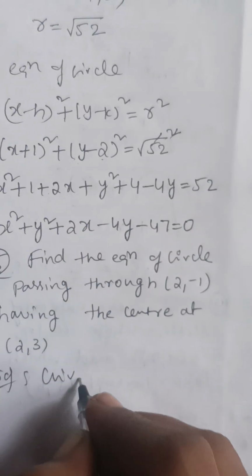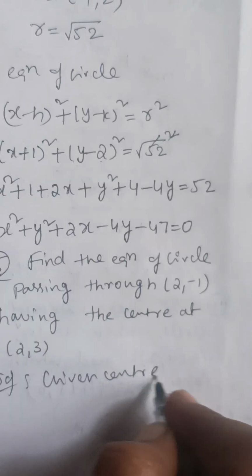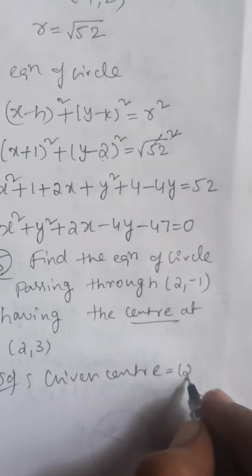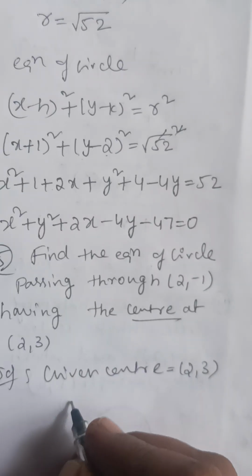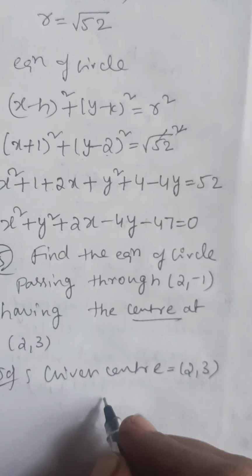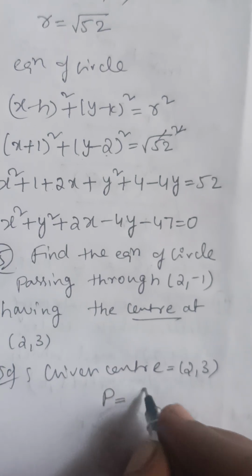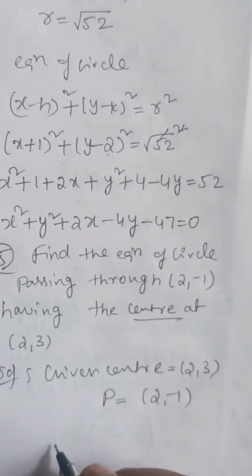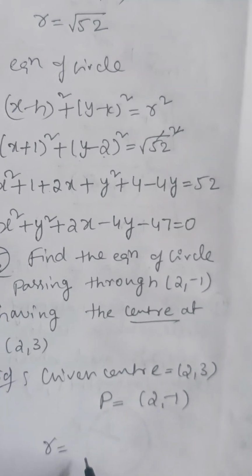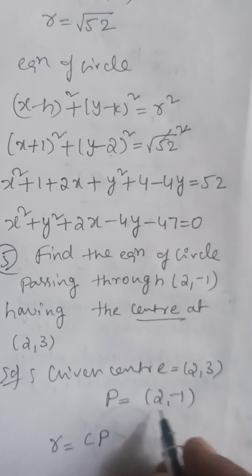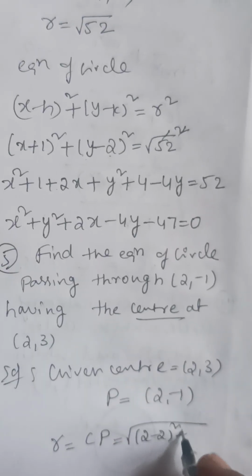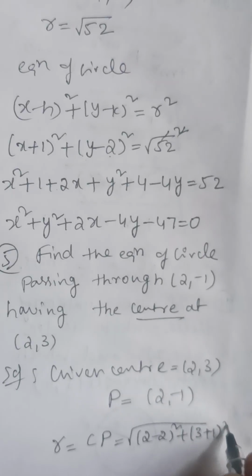Given center is 2 comma 3. Okay, and passing point, let it be P equal to 2 comma minus 1. If C and P are given, you have to find the radius equal to CP, distance between these 2 points. So 2 minus 2 whole square plus 3 plus 1 whole square.